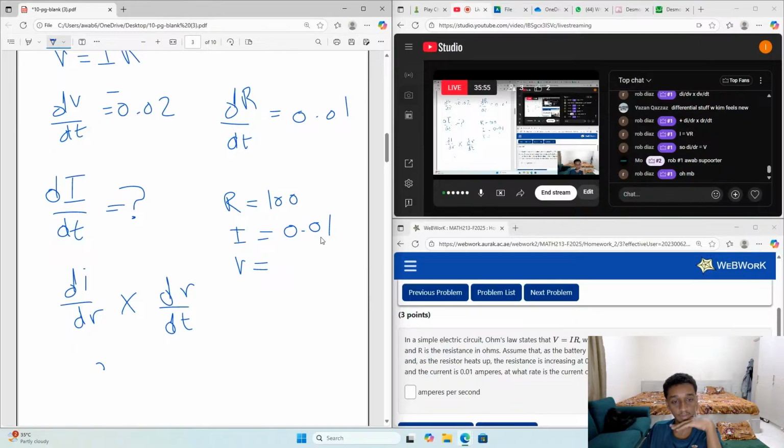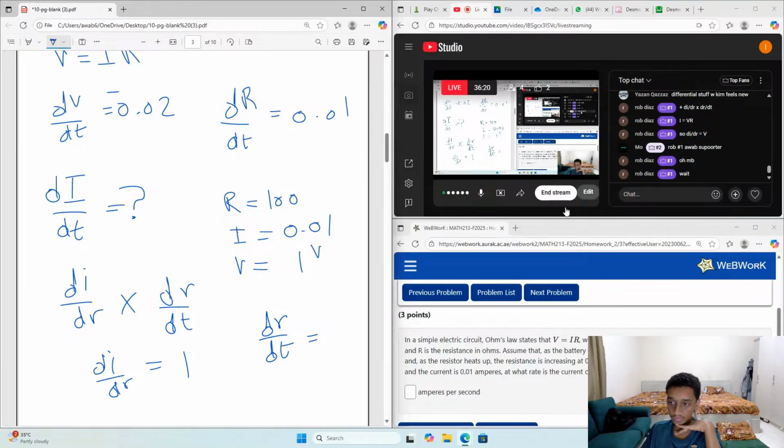So 100 times 0.01 is 1 volt, and dI over dR is equal to 1, and dR over dt. So dI over dR was V. So is it wrong?